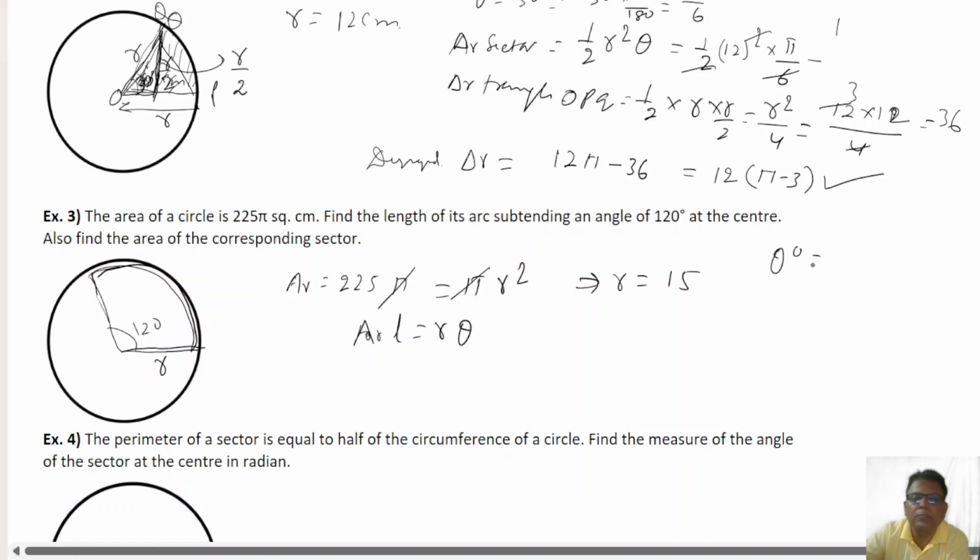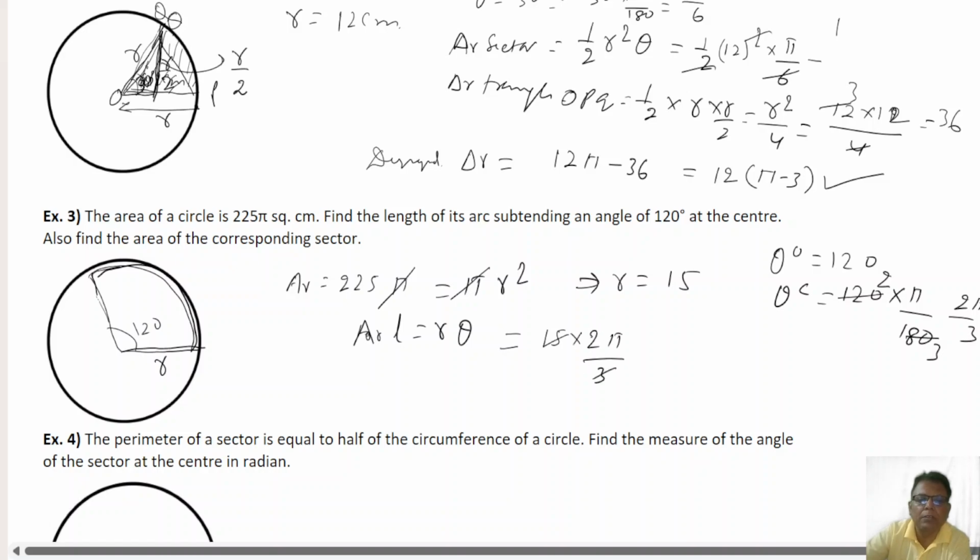Theta degree is 120, so theta radian will be 120 into pi by 180, that is 2 pi by 3. So L is equal to 15 into 2 pi by 3, that is equal to 10 pi. So the desired length is 10 pi.